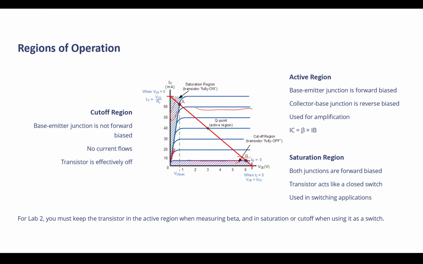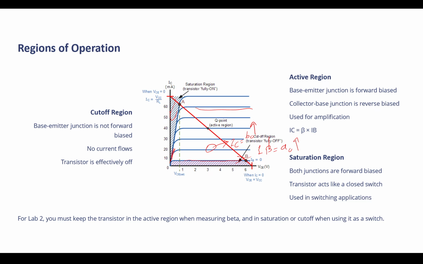So for example, if you have IB equal to A naught, in the active region you would get a collector current of B naught. If you increase the base current, you increase the collector current.